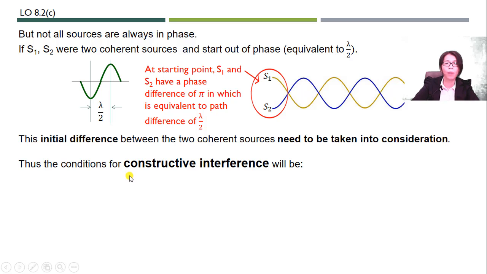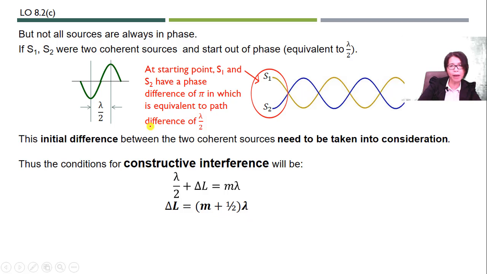When we have two coherent sources which start out of phase, then our constructive interference condition will become the path difference equal to m plus half lambda, whereby we have to take into consideration the initial difference between the two coherent sources and add it to their path difference when they travel and meet at a certain point.